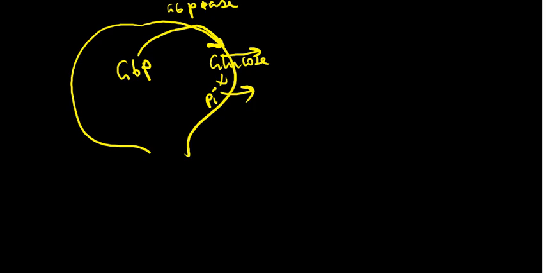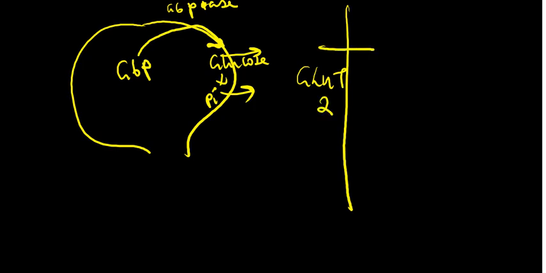If this is the kidney, we have what we call a GLUT channel, GLUT2. Glucose can go out through this channel and into the capillary.